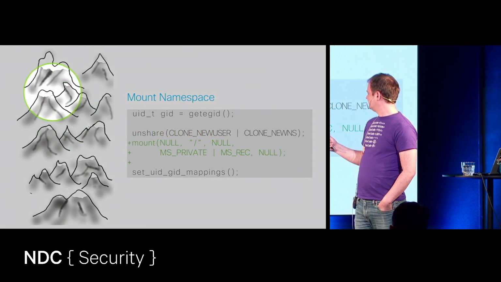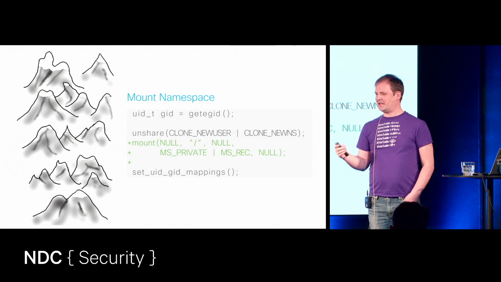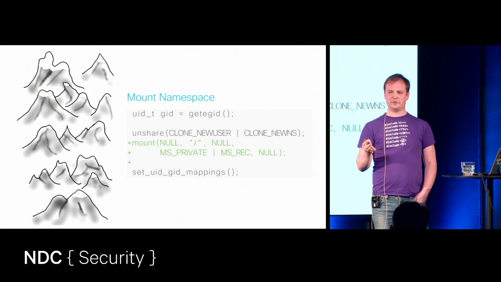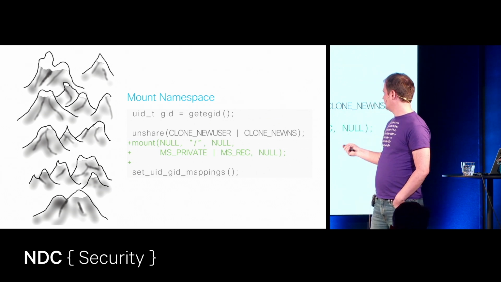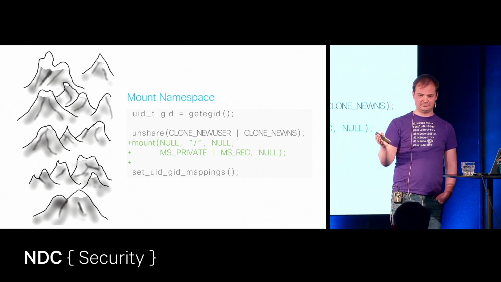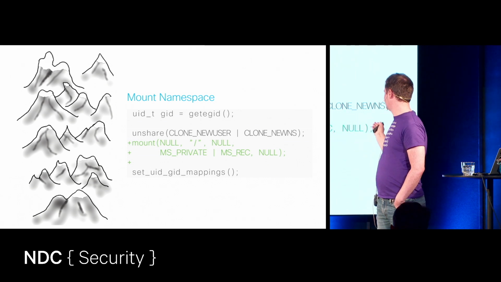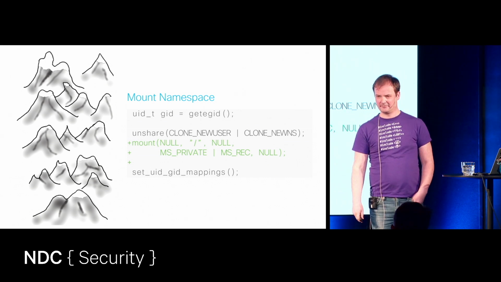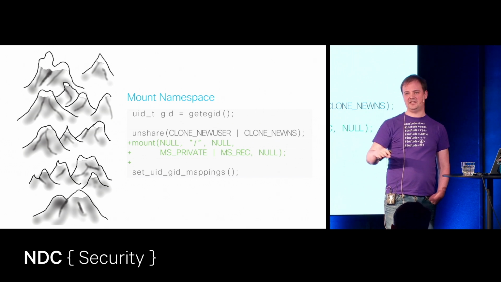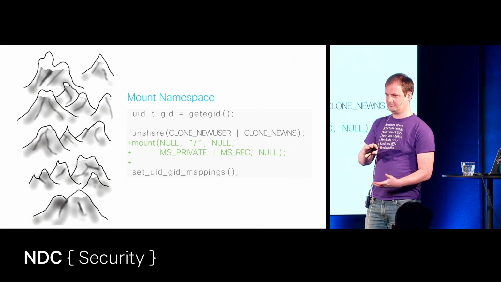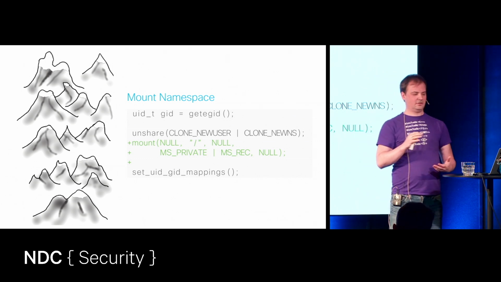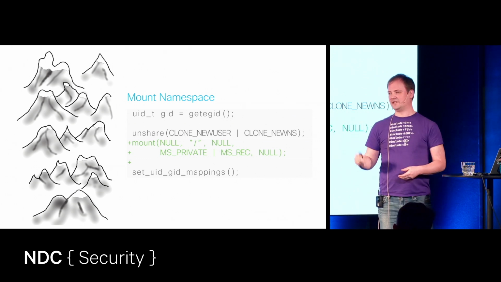So, like I said, you have to make your mount points private. And the way to do that is by, on top of /, which is your root, make that private recursively. It's basically what this line is doing. So after this, any change you do to your mount point list is yours. So at this point, let's make ourselves a new root file system.